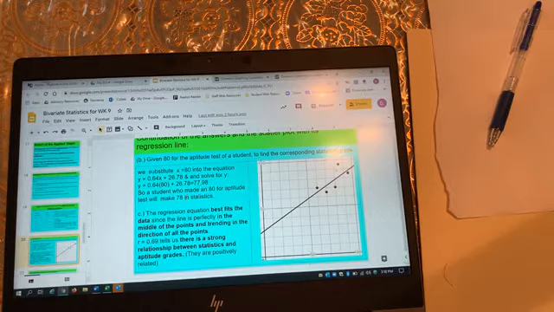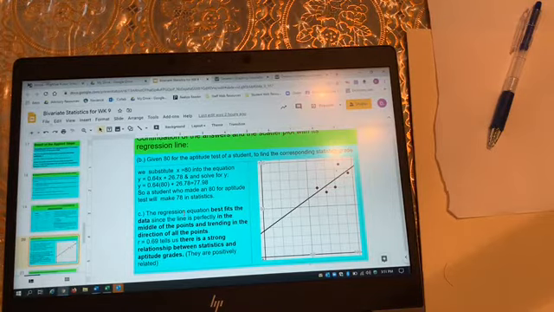A student who gets 80 in aptitude, we can predict, will get 78 in statistics. So this is about prediction, how to get one variable based on the other.